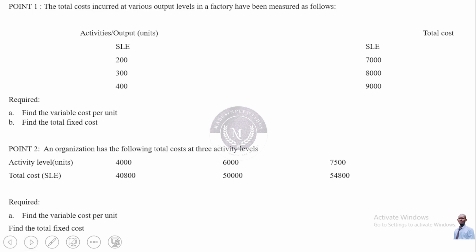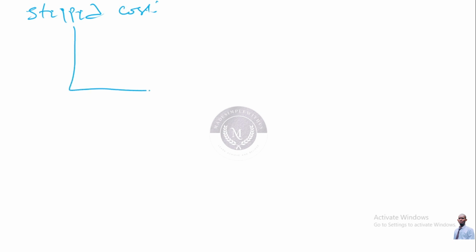Let's move on to step cost. So we say step cost is a cost that varies. This is the production. It varies.